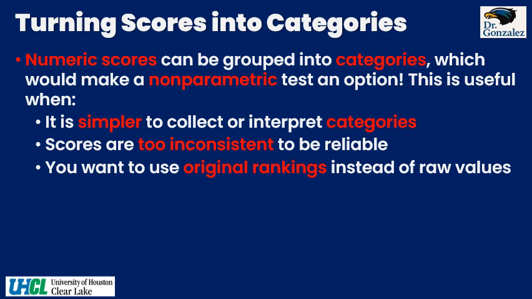There are also other situations where this would be useful. It might be more simple to collect and interpret categories. That's a justification. Your scores might be too inconsistent to be reliable, another justification. Or instead of using raw values, you want to use ordinal rankings. Those would also justify the use of a non-parametric test.